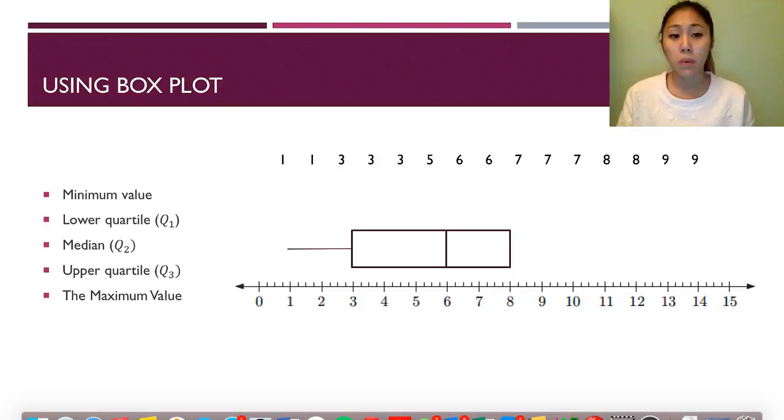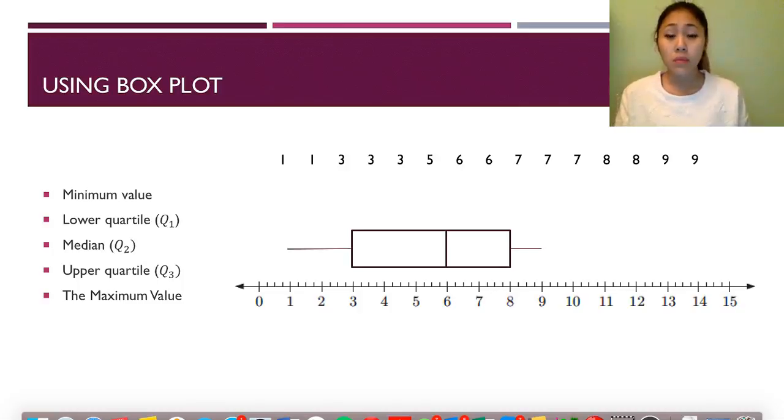We include the minimum value. Minimum value is 1, as you can see, and the maximum is 9, right? So we draw from 3 to 1 just a line, like a whisker, and from 8, which was our upper quartile, to our maximum number, which is 9. And this gives us the box and whisker plot.